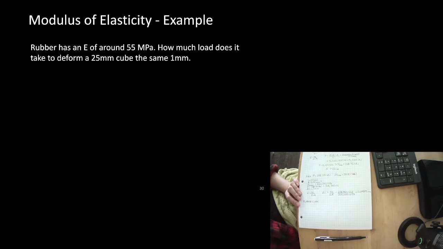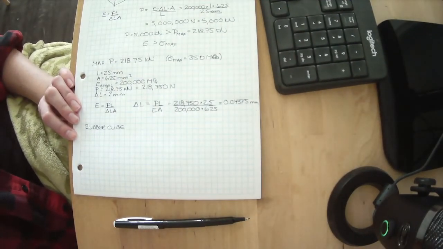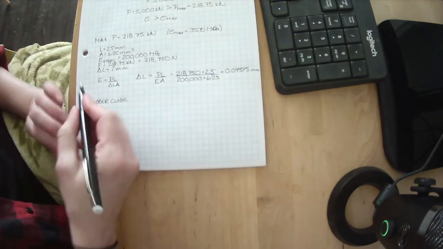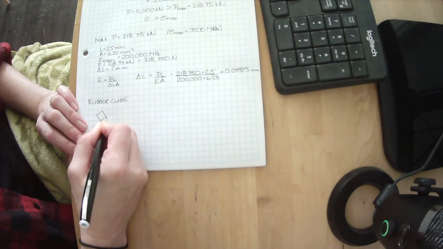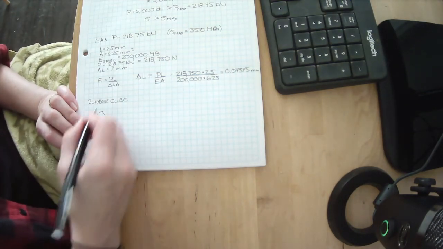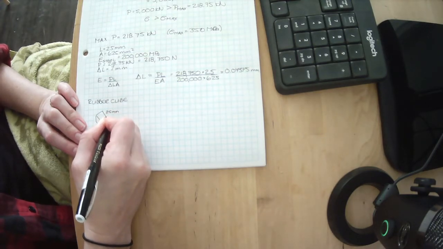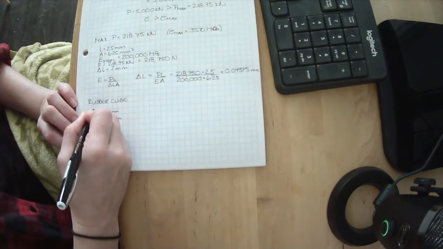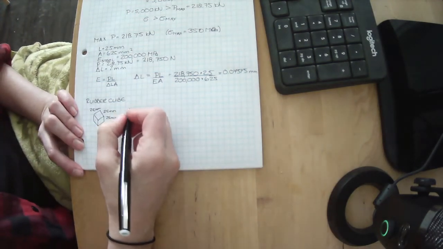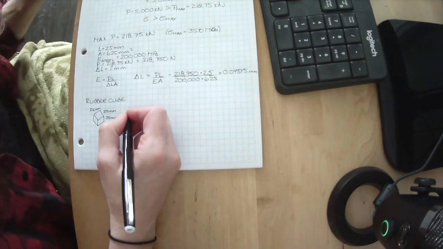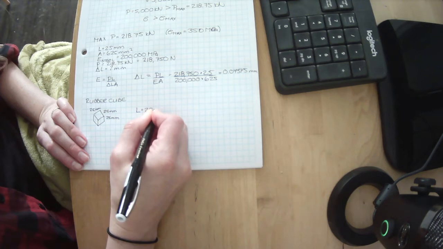So let's make my math bigger for you guys here. All right, so we've got this rubber cube. We know it's 25 millimeters by 25 millimeters by 25 millimeters. We know that the original length then is 25 millimeters.